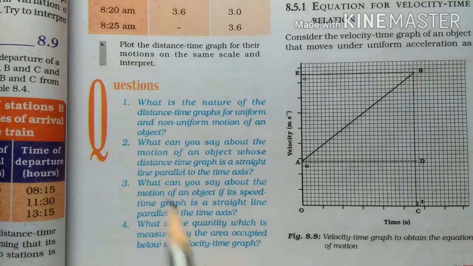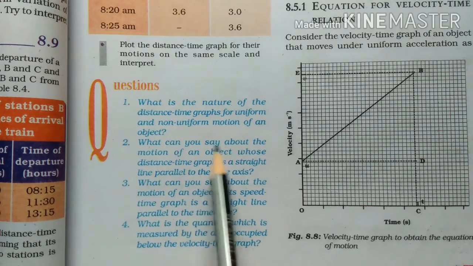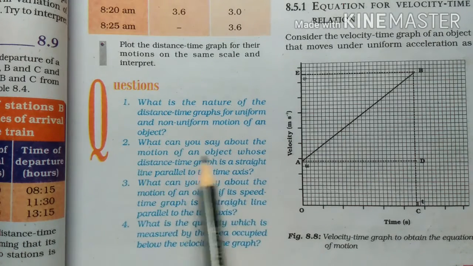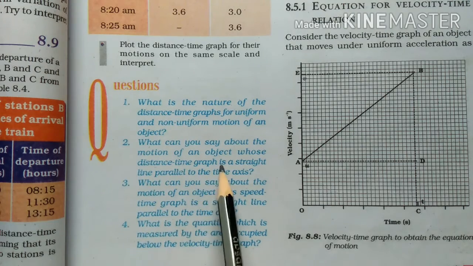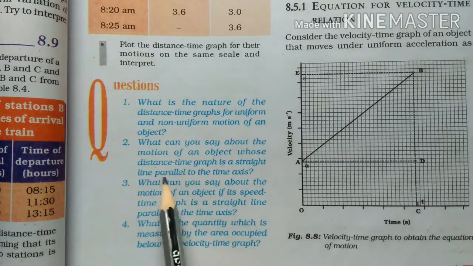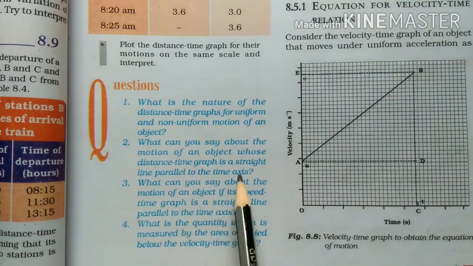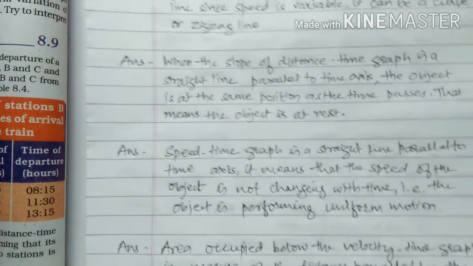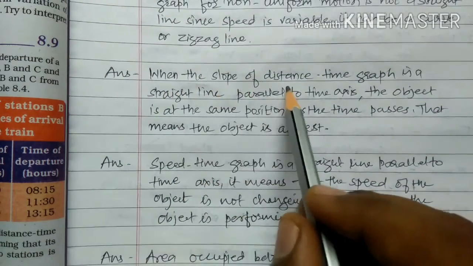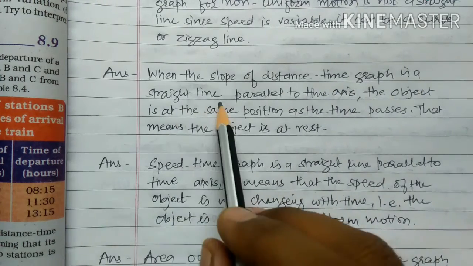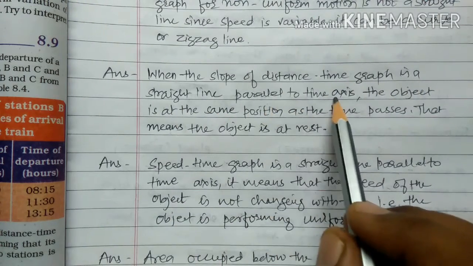Now second question: what can you say about the motion of an object whose distance-time graph is a straight line parallel to the time axis?